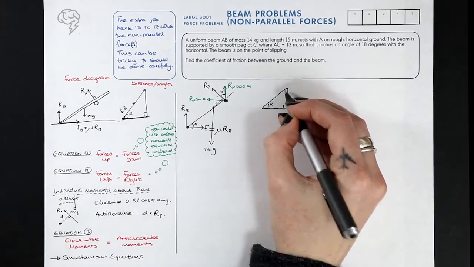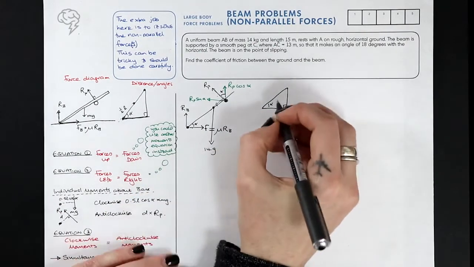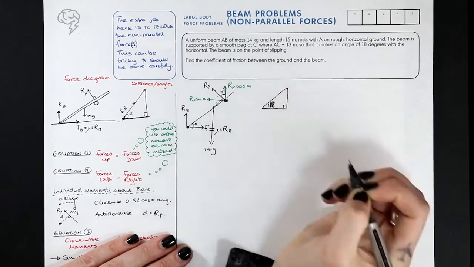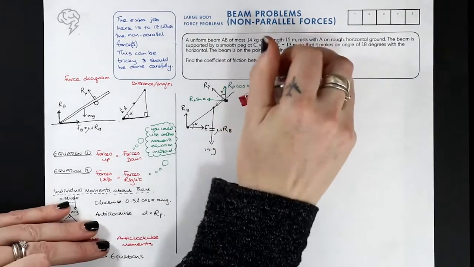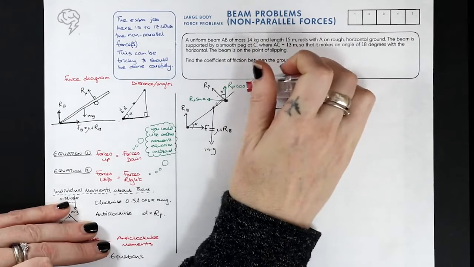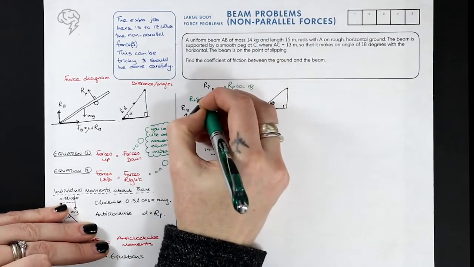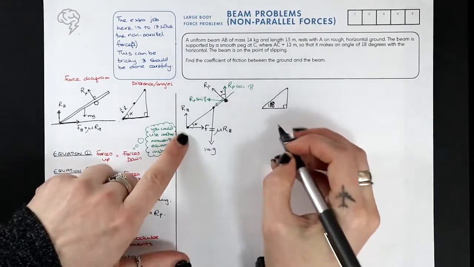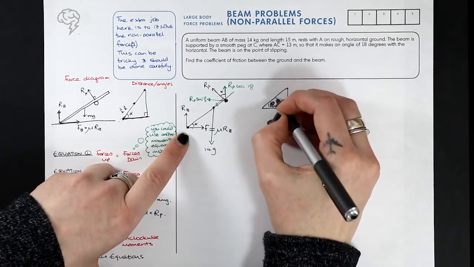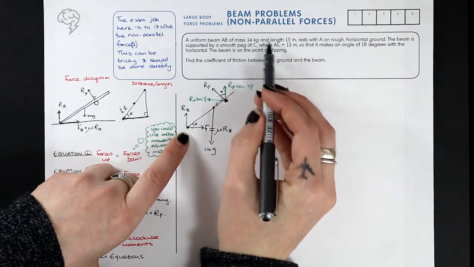Okay, I'm going to put some distances on this. Alpha is 18. So in this case, actually, I didn't need to put alpha because I actually know that it's 18. And I have got a distance, well, the weight is in the middle and it's 15 meters.